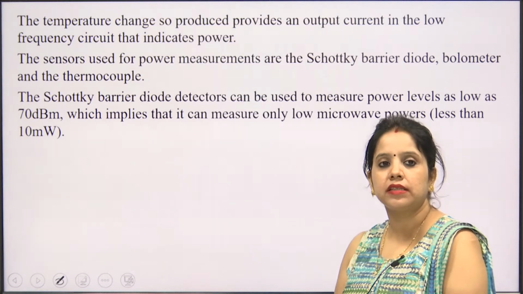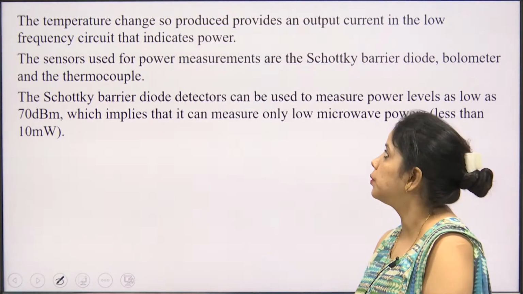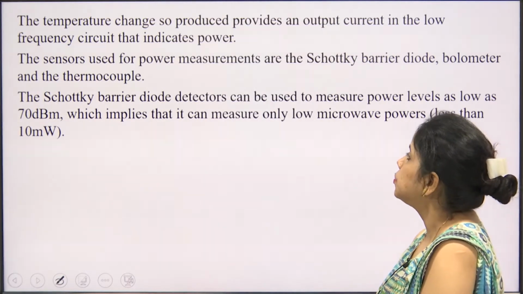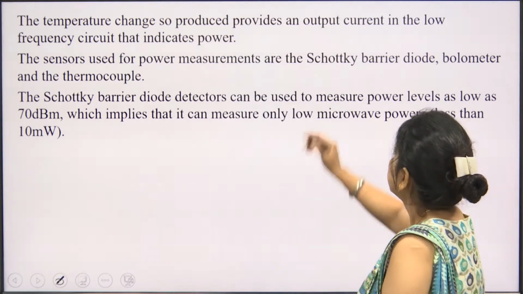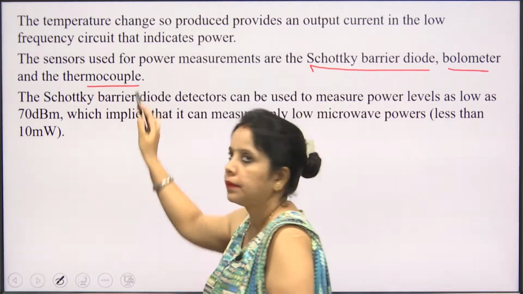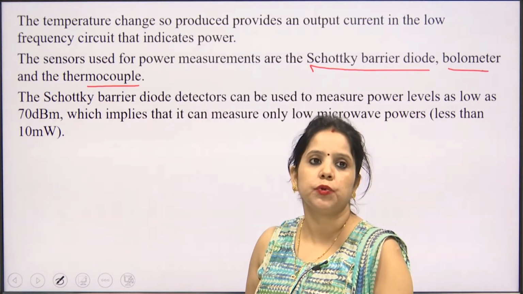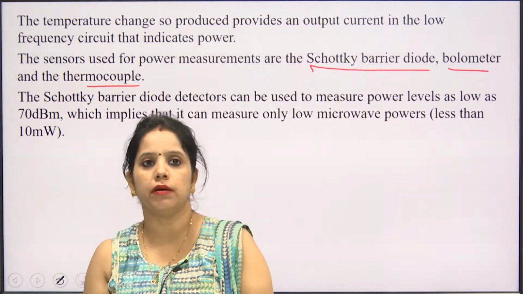So, basically here the role of the sensor is to convert the microwave energy into heat energy. The sensors used for microwave measurement are the Schottky barrier diode, bolometer and the thermocouple. These are the devices which can be used as sensors for power measurement.